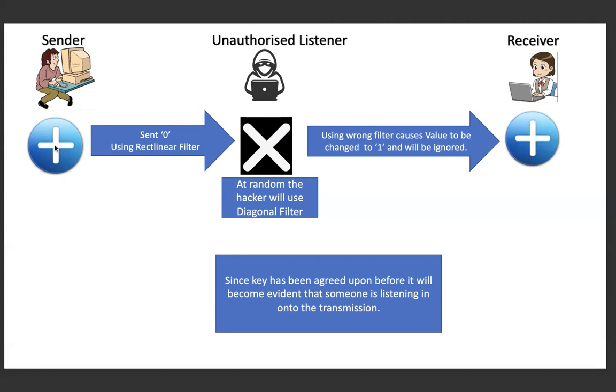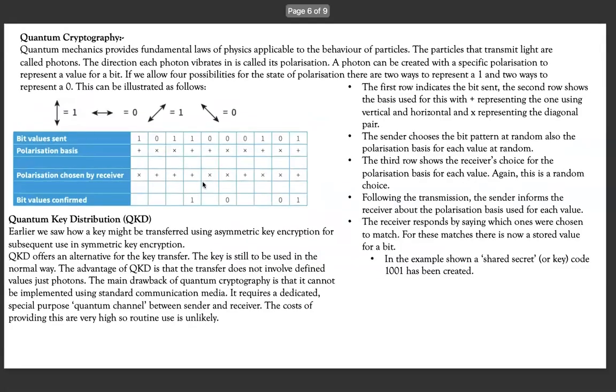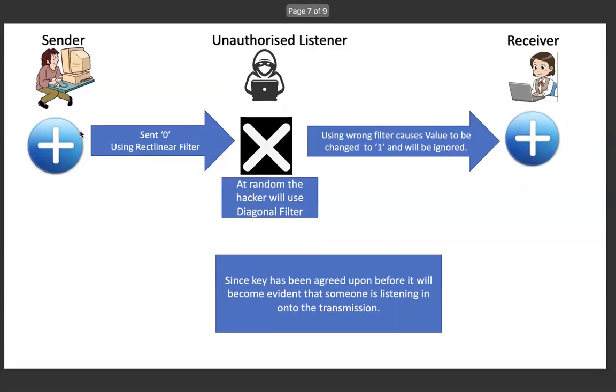I remember that we created a key before, so these filters were tallied beforehand. When I'm actually sending the data, the sender uses a rectilinear filter and the receiver will be using the same filter.